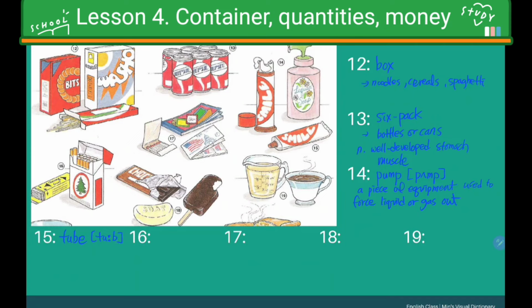Or you can say it with chi instead of t. So it's tube. And it's a long cylinder made of plastic.